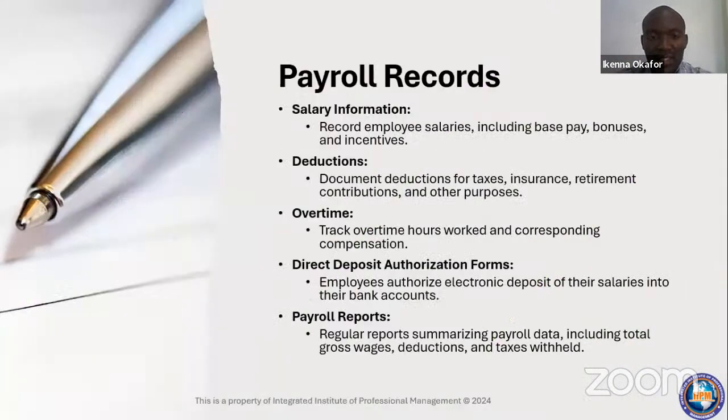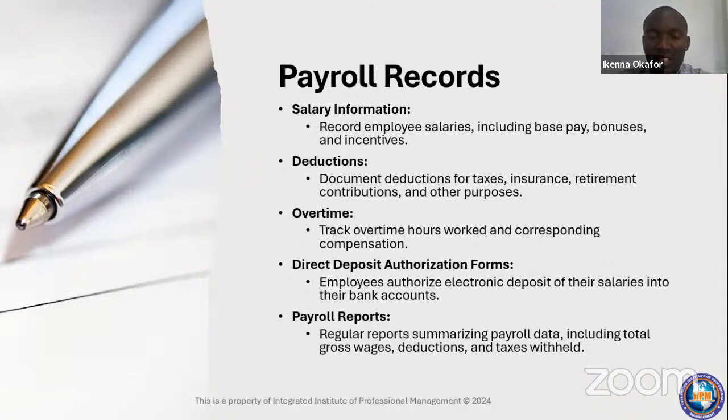Payroll records. Top on the ladder on payroll is what? Salary, of course. Salary or wage, as the case may be. So, salary records include base pay, bonuses, incentives, whatever constitutes your gross.